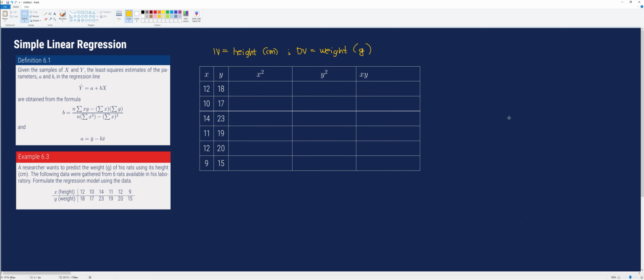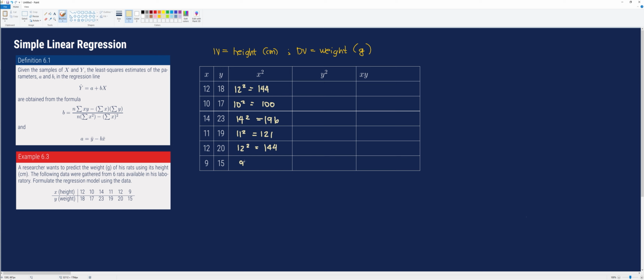Next, we create this table and fill in the cells to compute the necessary components of our formula to be used later. So, x squared is 12 squared, which is equal to 144. 10 squared is equal to 100. 14 squared is equal to 196. 11 squared is equal to 121. 12 squared is equal to 144.